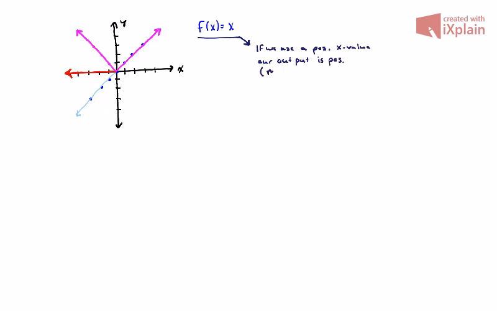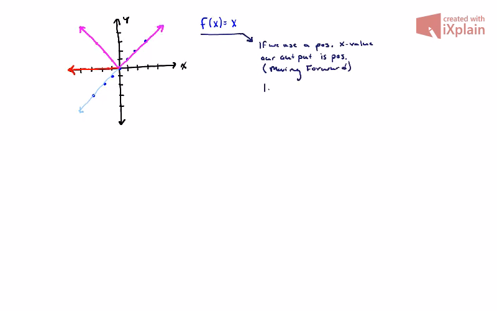Think of it as moving forward. However, if we use a negative x value, our output or y value is also negative. Think of it as moving backward.